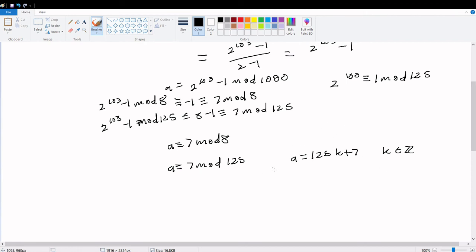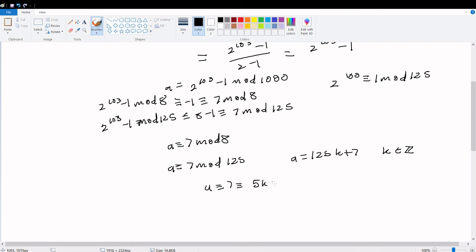Then I'm going to take this expression mod 8. A is congruent to 7 mod 8, and we wish to take this mod 8. So this is going to be congruent to 125 mod 8, which I think is 5 mod 8, because 8 times 15 is 120, and what's left is 5.